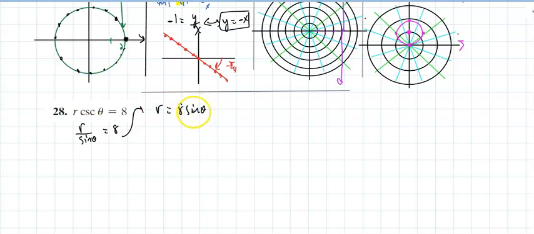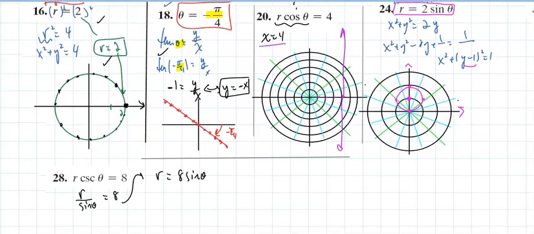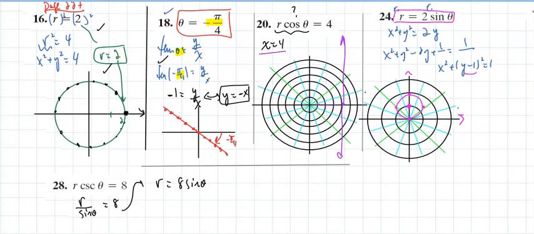Now I could complete the square and do the work, but let me just guess what that looked like. Look at that problem right there. And look at this problem right here. Hey, they look alike. 2 sine of theta, well, that is 2 units. Coincidence? Well, let me check.